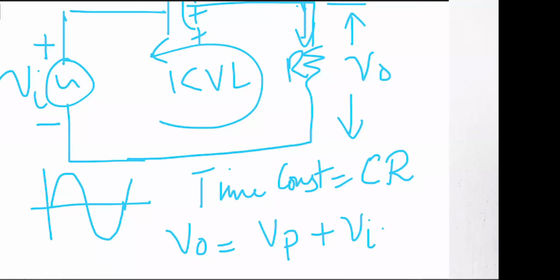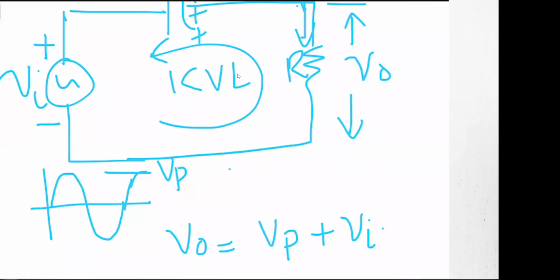Once this is the case, we can see that the input signal can have a maximum value equal to Vp, right? The maximum value of the input signal, as we know, is equal to Vp.